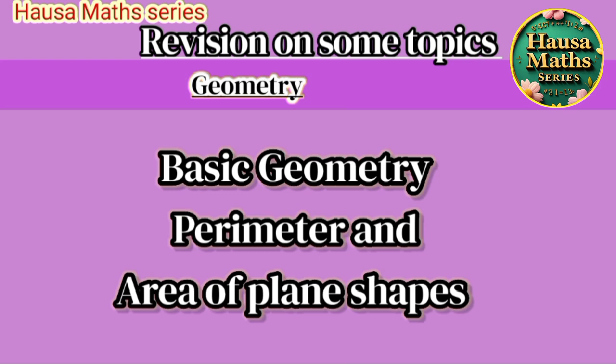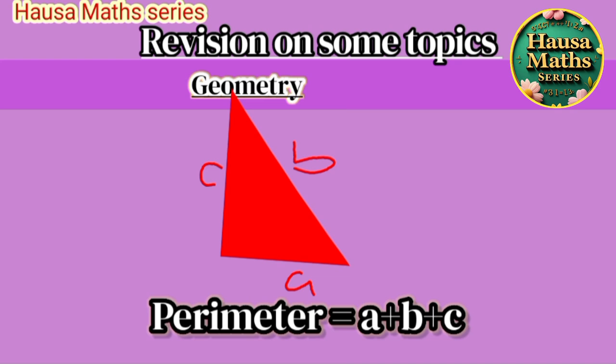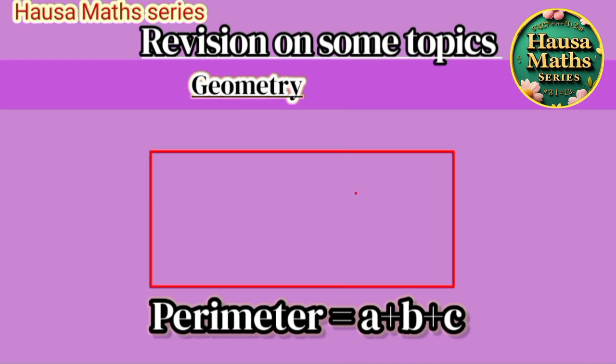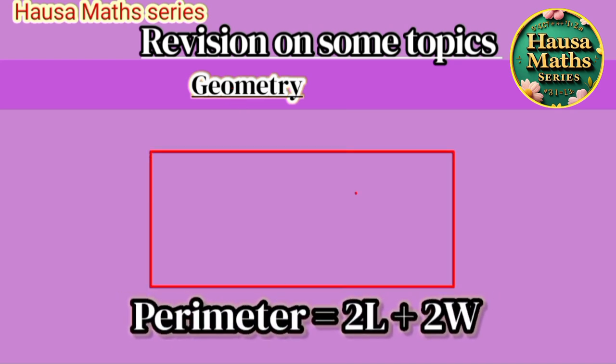When we need to find the perimeter of a triangle, we need to find the length of the sides A, B, and C, and add them together. And if you want to find the perimeter of a rectangle, we find two equal sides, then add them together. So when we find 4 sides, 2 widths and 2 lengths, we merge them together.